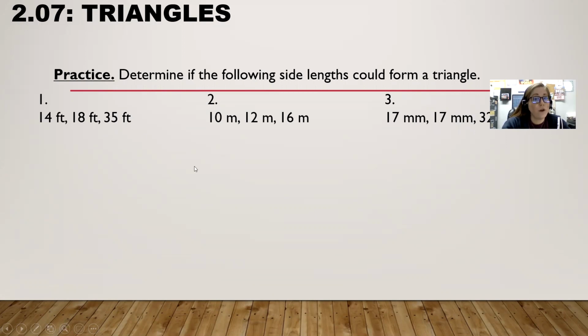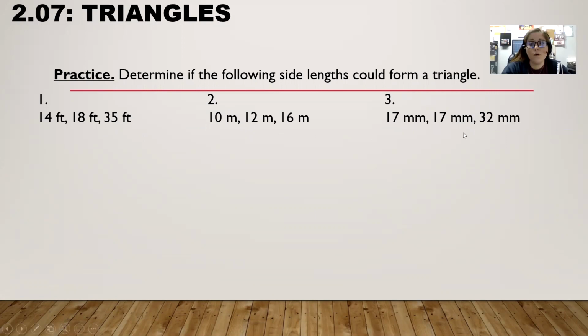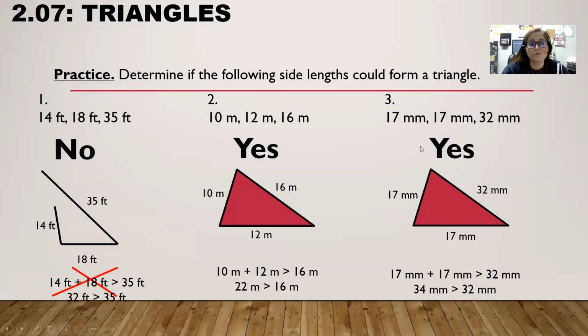The answer is no. Same thing with number 2: the two smaller sides, 2 plus 12, would we get an answer greater than 16? And number 3, 17 and 17, would we get an answer greater than 32?